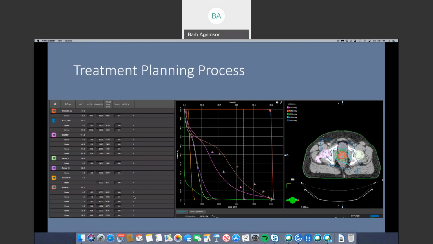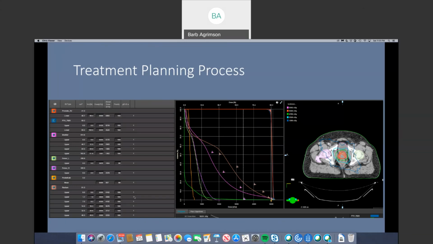Once the computer has gone through its iterations, the plan will be assessed by the dosimetrist, and we might need to rerun a couple plans to get the best possible. So in this case, you go through one iteration and do a calculation, and then assess the plan.